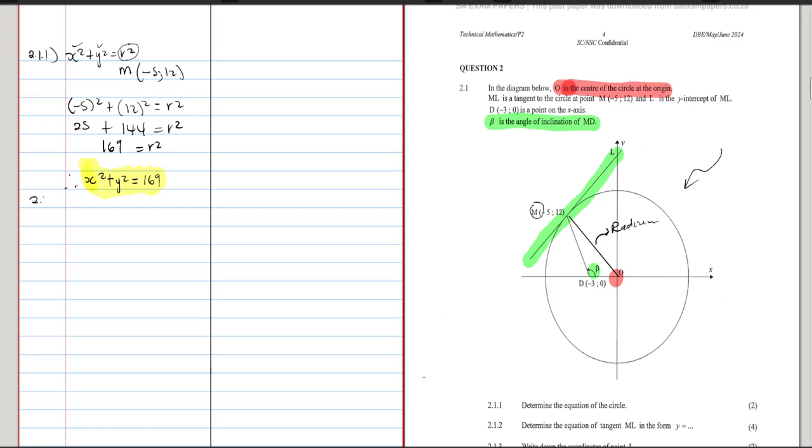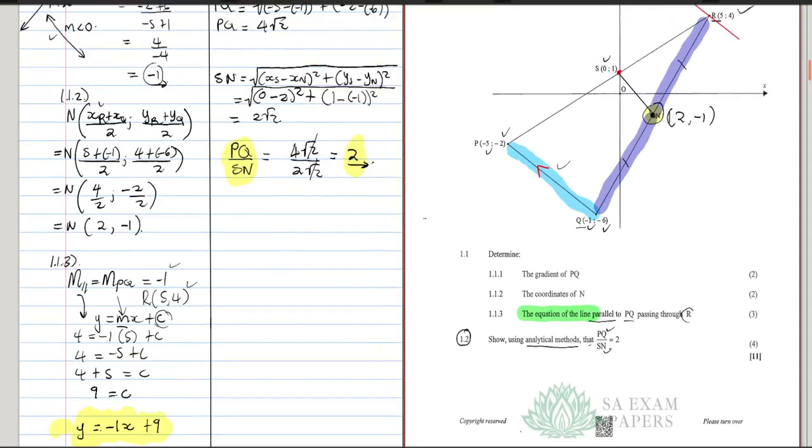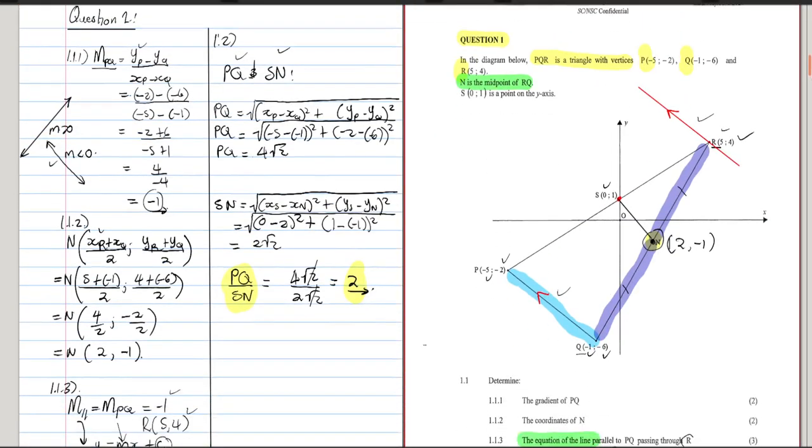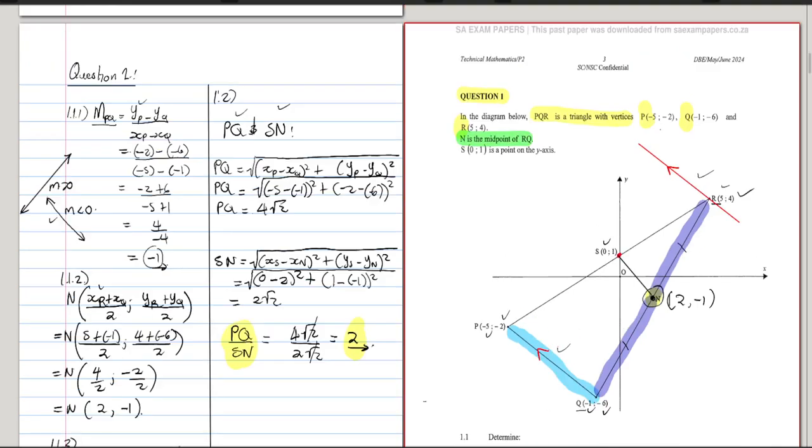Next question, 2.1.2. Determine the equation of the tangent ML in the form y equals mx plus c. So we need an equation for a straight line. You still remember question 1, where we had to find an equation for a straight line.